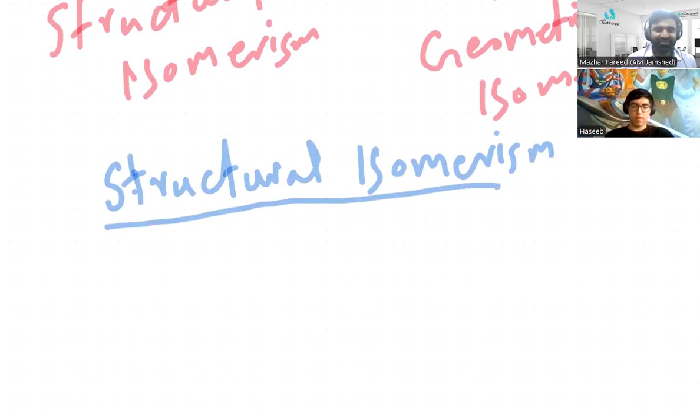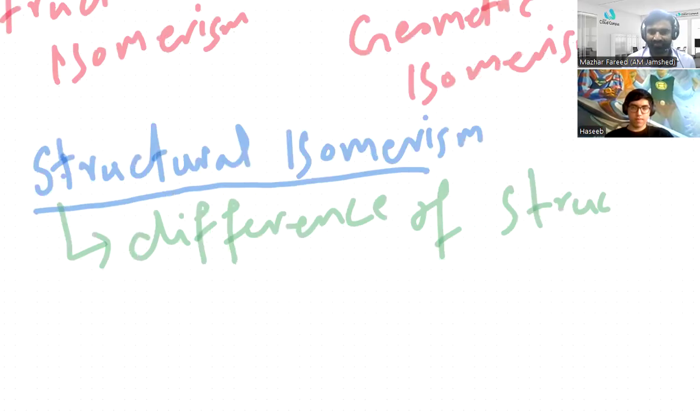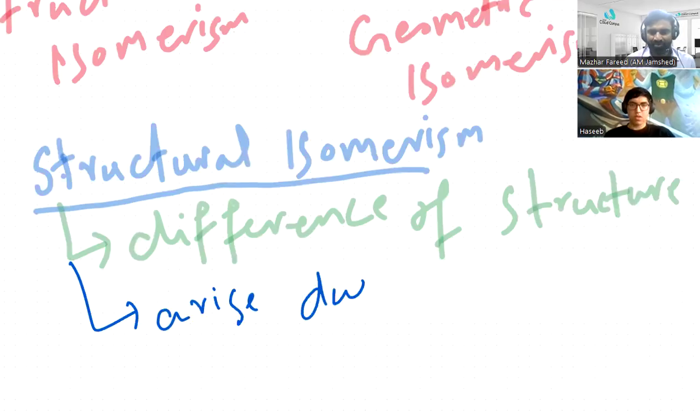In structural isomerism, there will be a difference of structure, but the number of atoms or molecular formula will be the same. Difference of structure means arrangement of atoms. It arises due to different arrangement of atoms.